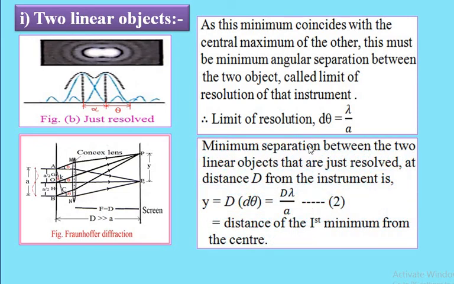Here, the minimum separation between the two linear objects that are just resolved at a distance capital D from the instrument is given by y equal to capital D into d theta, and the value of d theta is lambda divided by small a. Therefore, y is equal to D lambda divided by small a. Suppose this is equation number 2, and this distance y is equal to the distance of the first minimum from the center.